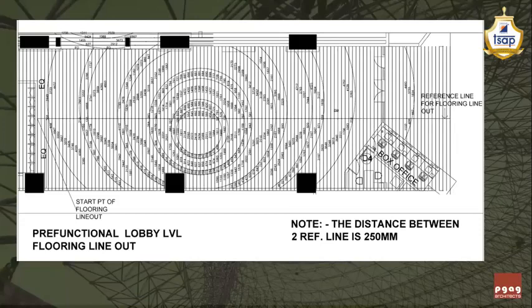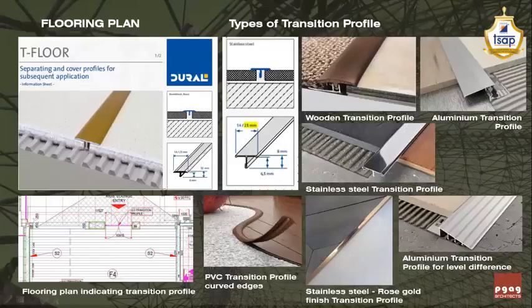Now going ahead with the next stage. This slide is to explain how many different transition profiles are available in the market and how we use them in terms of different types of flooring.